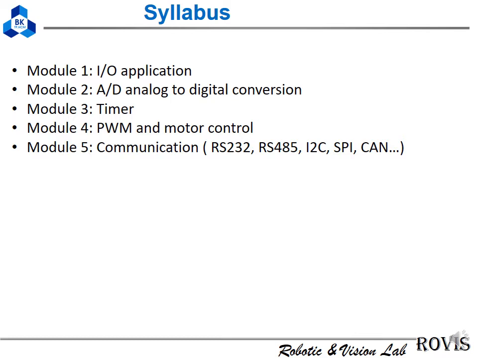Module 3 is about the timer, and module 4 is about PWM, not BMW, right? PWM. This is for motor control. Module 5 is about the communication between two microcontrollers, or from one microcontroller to our PC. And these are some protocols we will study: RS-232 and RS-485.